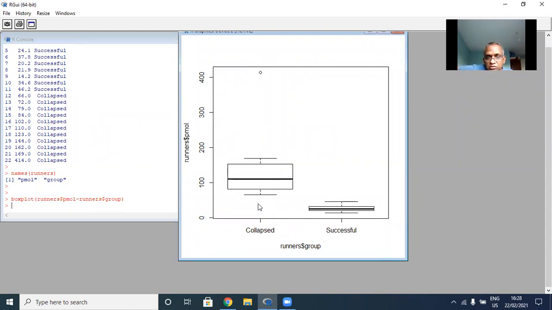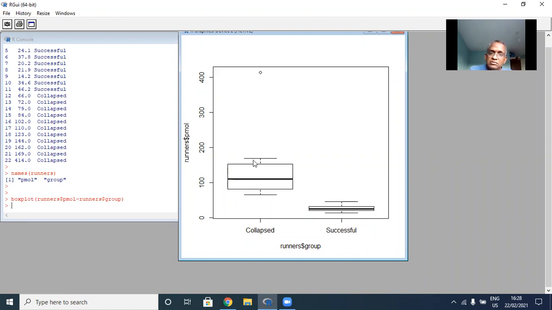So what we have plotted here is the box plot of the concentration for two groups. The first group is the group that did not complete the run. The second group is the box plot for the concentration for the runners who did complete, right? So you can see that the distributions are different.